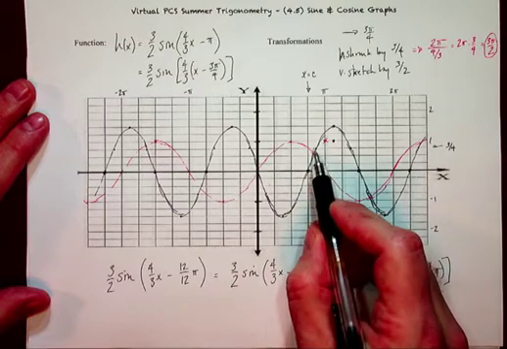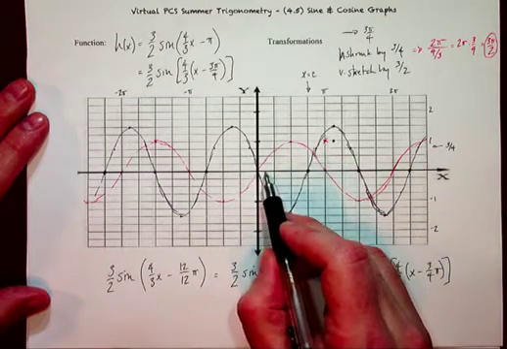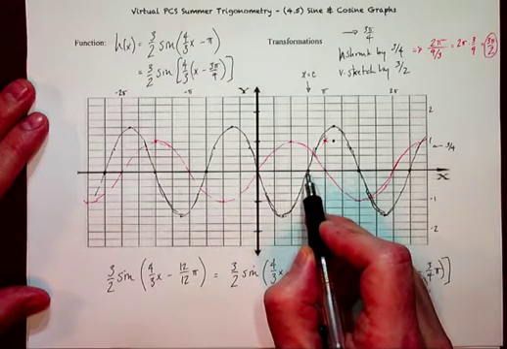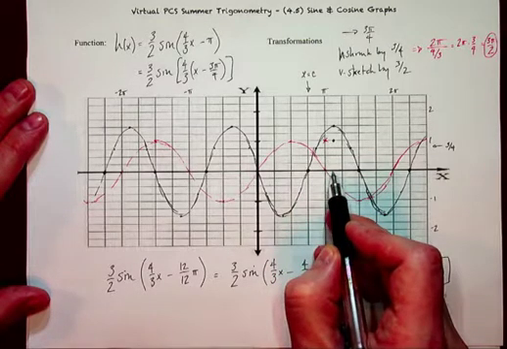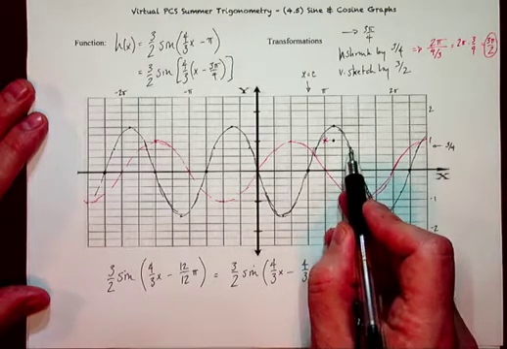Okay, 7 pi over 8, right? 1 pi over 8, 2 pi over 8, 3 pi over 8, 4 pi over 8, 5, 6, 7 pi over 8 at 3/4. 8 pi over 8, 9 pi over 8, 10 pi over 8, 11 pi over 8, again 3/4. Okay.